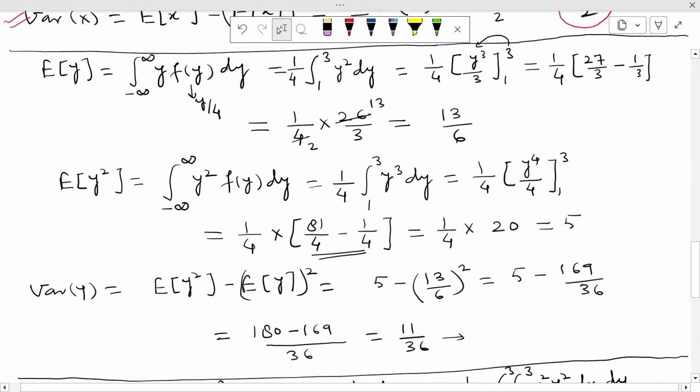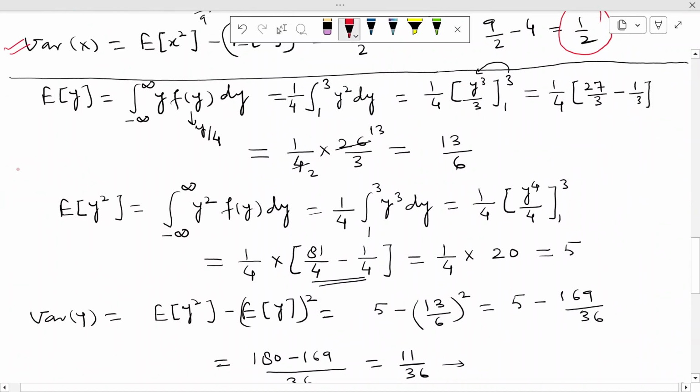Now in the same manner we obtain the expectation of y. In order to obtain the expectation of y and y square, we have to use the marginal fy, which is y by 4, and again because we are integrating with respect to y, we consider the limits for y, which are 1 to 3. This gives the expectation of y as 13 by 6. Similarly, we obtain the expectation of y square, which is the integral of y square fy within the limits minus infinity to infinity.